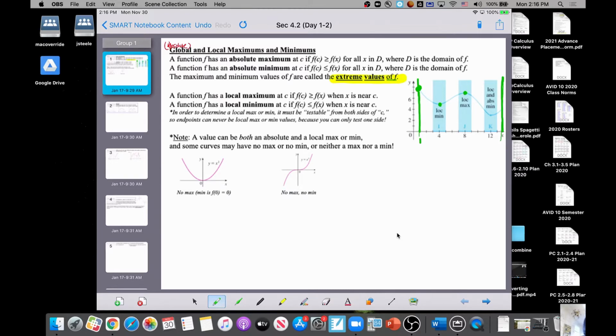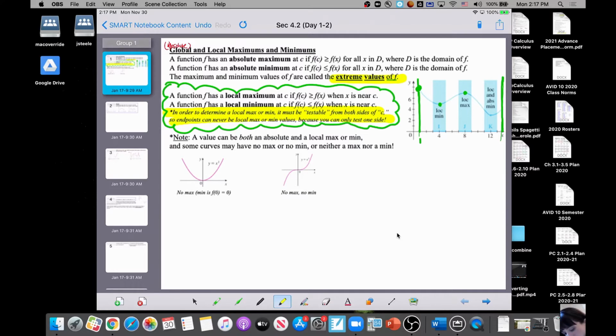However, endpoints cannot be local maxes and mins, because in order to determine a local max or min, it must be testable from both sides of C. So endpoints of an interval can never be local maximum or minimum values, because if it's an endpoint of an interval, then we're only able to test one side of it.